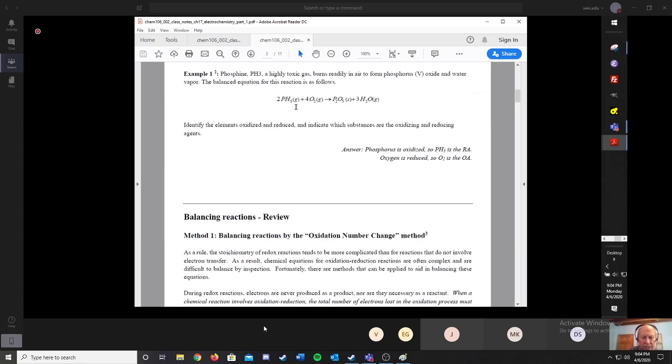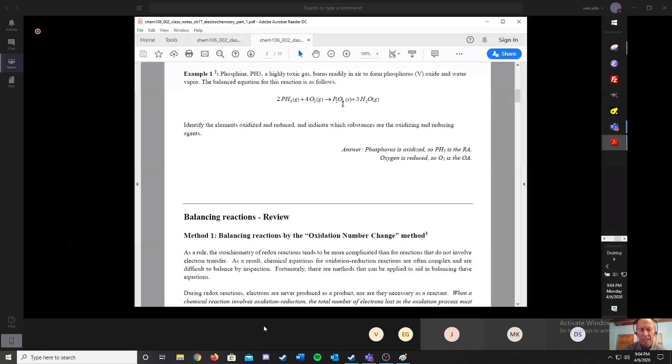If we have a look on the left, we have phosphorus attached to 3 hydrogens. Hydrogen is assigned a +1 oxidation state. So if there are 3 hydrogens and each one of them is +1, that would make phosphorus a -3. So phosphorus is a -3 on the left side of the reaction.